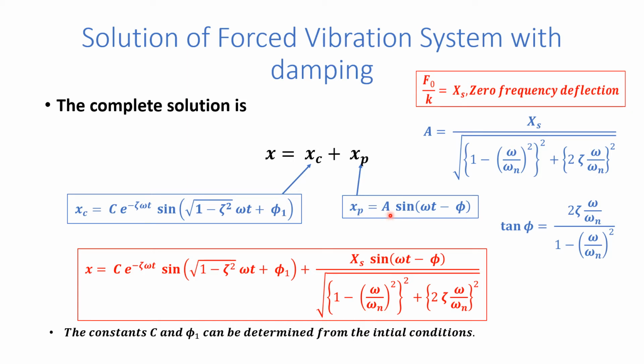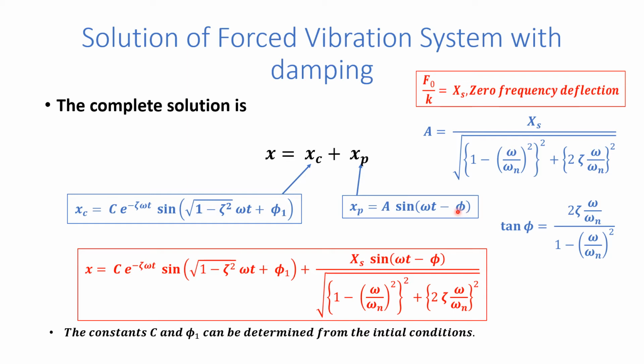It is of the type a constant amplitude A sine of omega t minus phi. Omega is the frequency of forced vibration. Phi is the angle by which the vibration of the mass lags behind the external excitation.